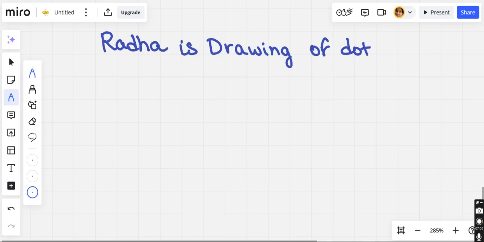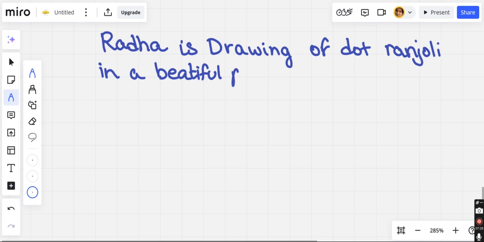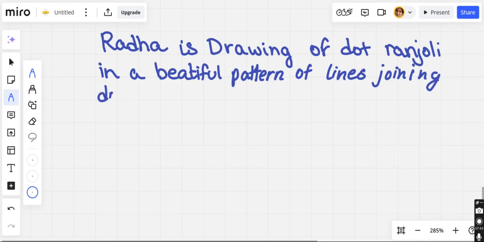Rangoli means Hindus put it in front of their house in a beautiful pattern, with lines joining dots.